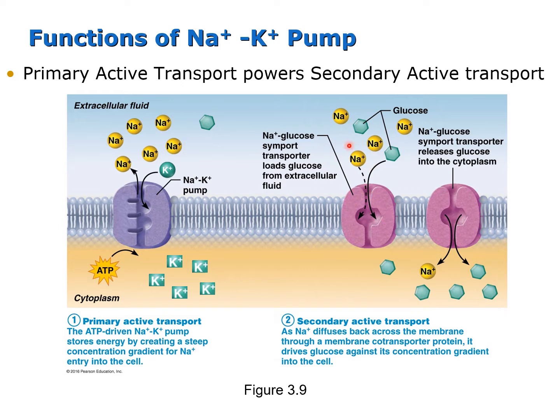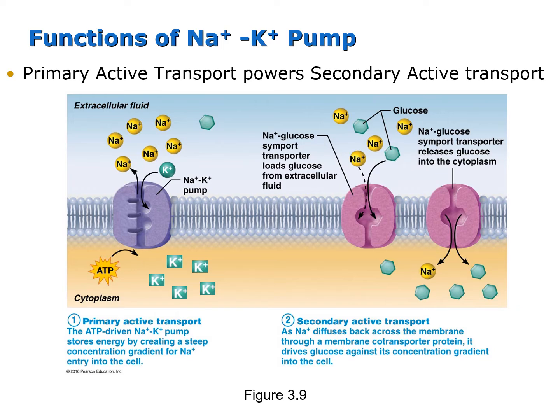And that sodium gradient was established by the sodium-potassium pump. So this is secondary active transport. It's not using ATP directly. It's utilizing the potential energy that was created by the gradient in sodium, which is maintained by the sodium-potassium pump.